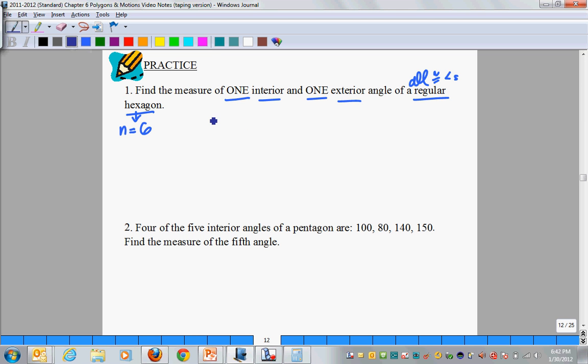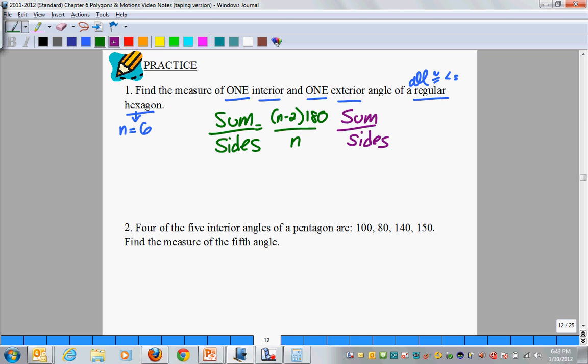Well, the equation for both, for the interior, it is sum over sides, and for the exterior, it's also sum over sides. So what's the difference? For the interior, the sum is n minus 2 times 180 over the number of sides n. For the exterior, it's simply 360 over n.